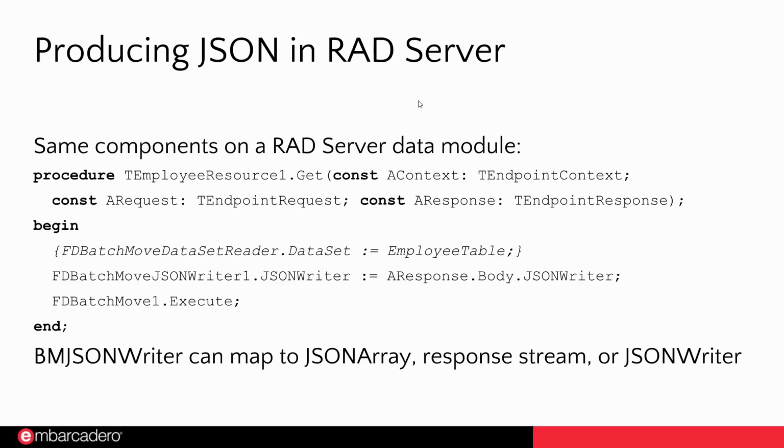For that purpose, the batch move component supports writing to a stream, or integrating to a writer, as in these 2 lines of code. You can also map to a JSON array and then use that JSON array as part of a larger JSON data structure. So I've given 2 glimpses of this component and how it can be used.